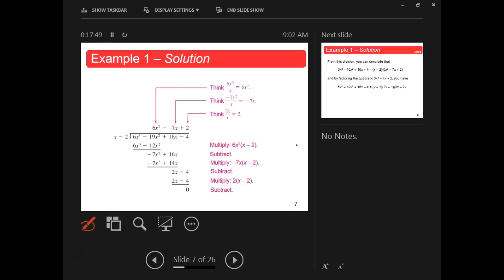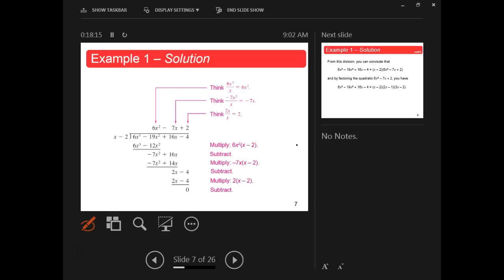However you do it, minus 7x squared, you divide again. x into minus 7x squared is minus 7x. And multiply again, negative 7x squared plus 14x. I like to change signs and add. That gives me 2x. Bring down the minus 4. x will go into 2x plus 2 times.